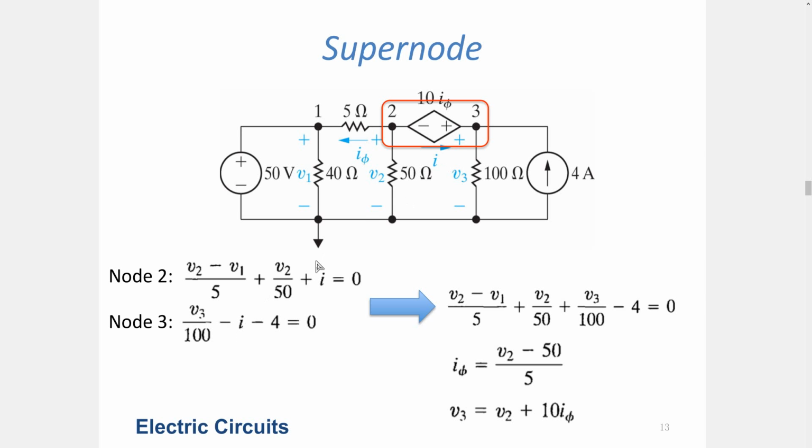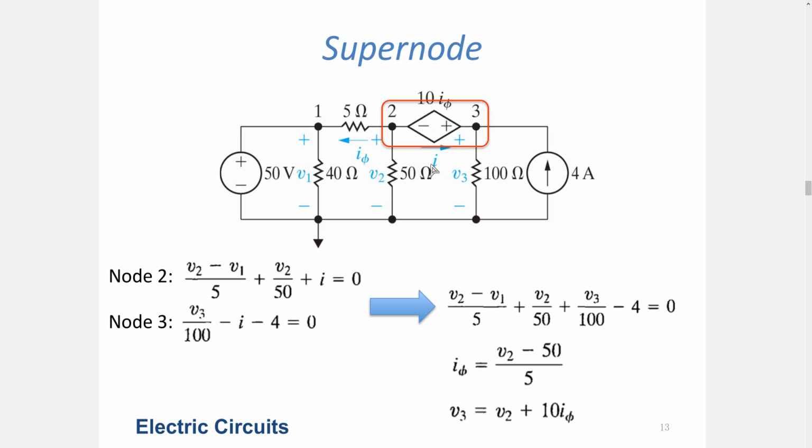And since I phi is defined as the current through the 5 ohms, I can calculate this value. For node 3, we just need to know 3 currents.